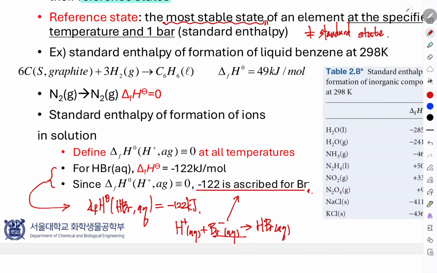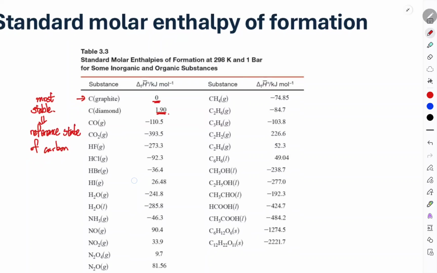So here let's study the way of calculating the standard reaction enthalpy with the standard enthalpy of formation.